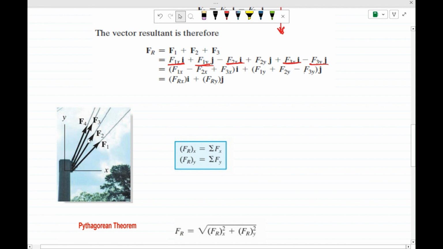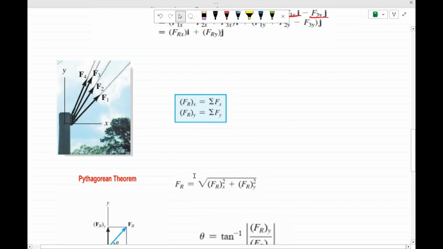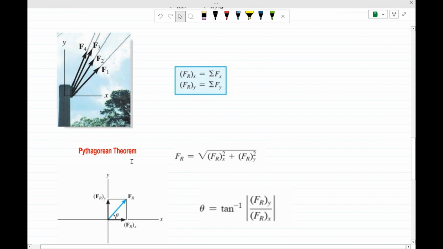So we have to resolve each force first on the x and y axes, then sum all of the forces on the x-axis to get the resultant force on the x-axis, and sum the forces on the y-axis to get the resultant force on the y-axis. And if we have a z-axis, again sum all of the forces on the z-axis, and then apply the Pythagorean theorem to get the final resultant force. Add all of them, squared, and take the square root.